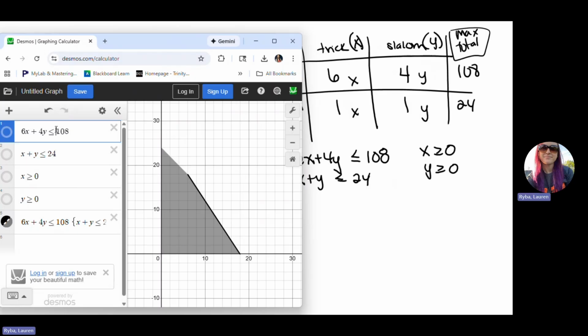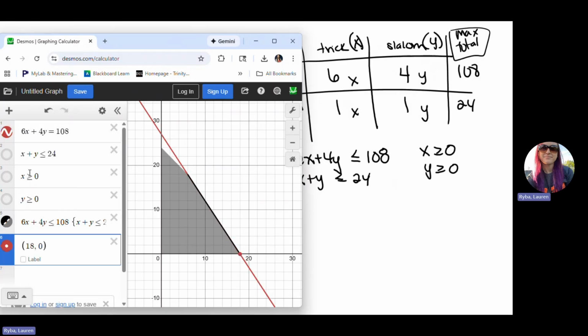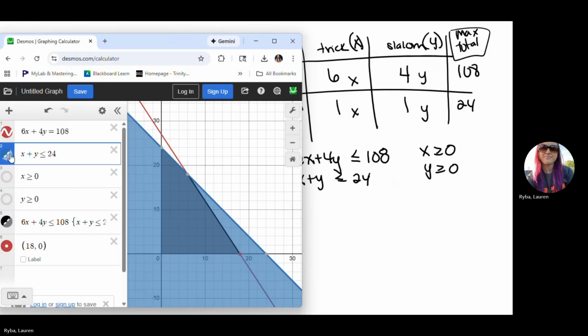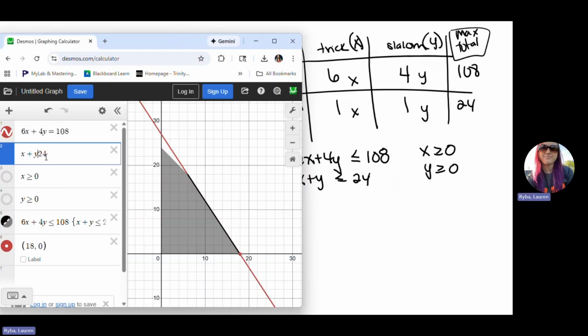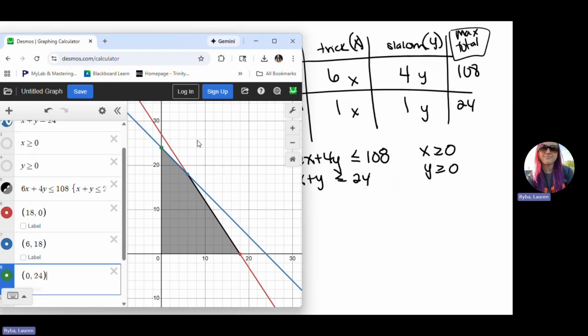So then it's really easy to go back and I could just change that to equals if I wanted that line to show so that I can find, label that point. Make that an equals, graph it again. There's a corner point. This is another corner point here.